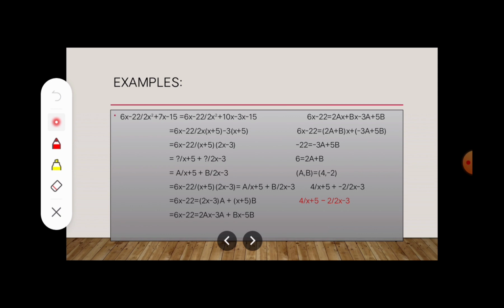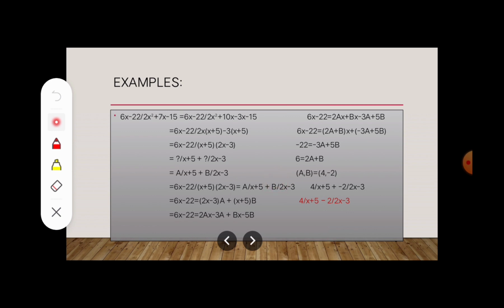So to get the unknown values, set the sum of fractions equal to the original fraction. So we have 6x minus 22 all over x plus 5 times 2x minus 3 is equal to a over x plus 5 plus b over 2x minus 3.